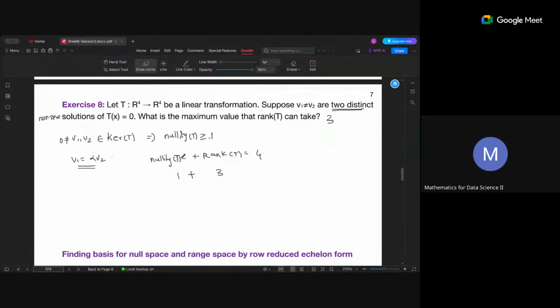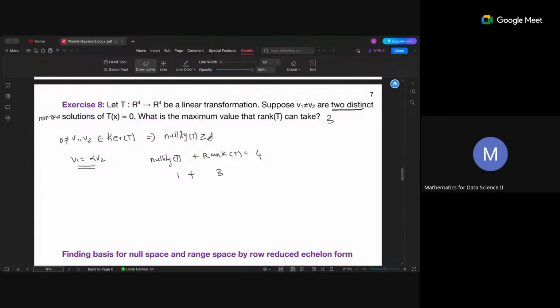No, even if you have three distinct vectors in the kernel, the minimum dimension is 1. No, not minimum dimension. I'm talking about my kernel space of T having V1, V2, and V3 as vectors. Then my nullity of T will be greater than or equal to 3, right?